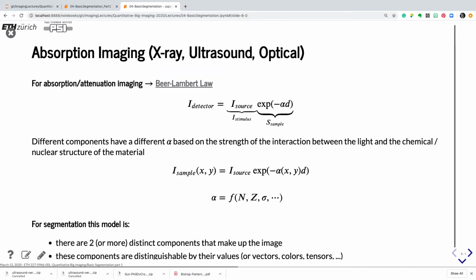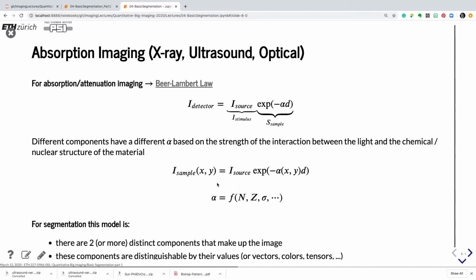In many imaging techniques, also absorption imaging techniques, you have X-rays, ultrasound, optical imaging, neutrons. They follow, in principle, Beer-Lambert's law, and that says you have an exponential decay of the intensity through the sample. So you have the input signal here, and then with the distance through the sample, you have attenuation.